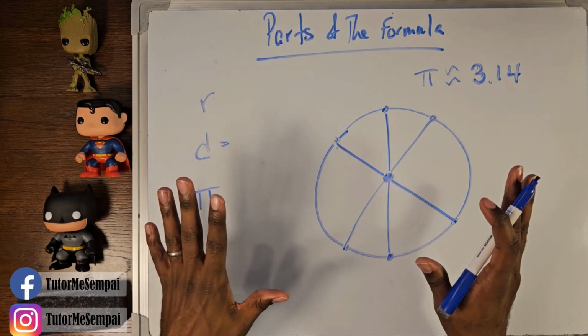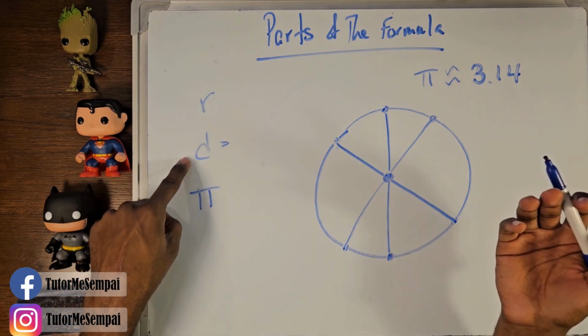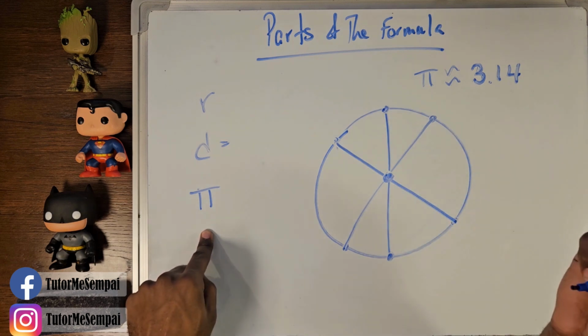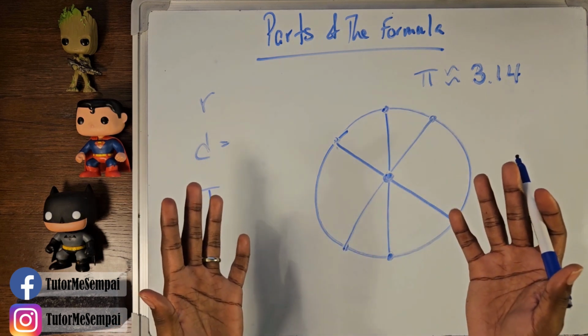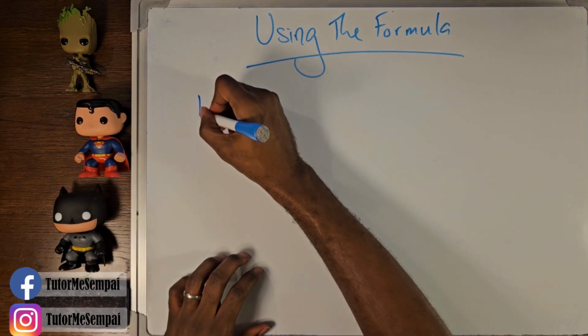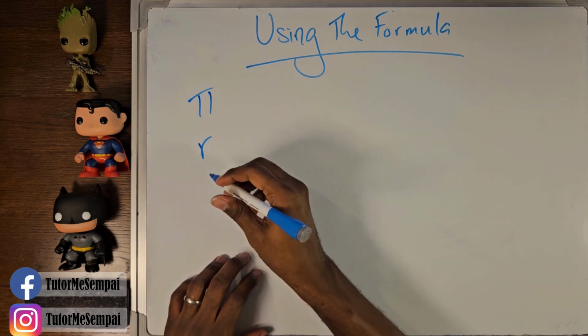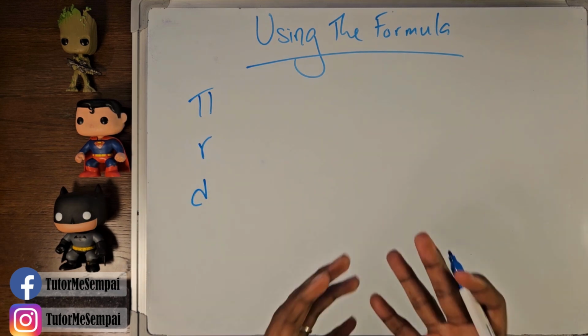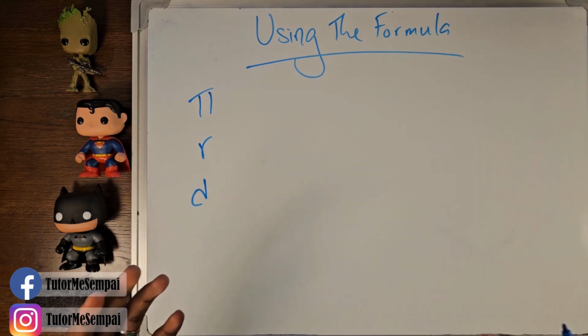So now we've talked about radius, diameter, and we even have a value for our pi. Let's jump into talking about the actual formula. So now that we talked about your pi's, your radiuses, and your diameters, let's construct our formula.